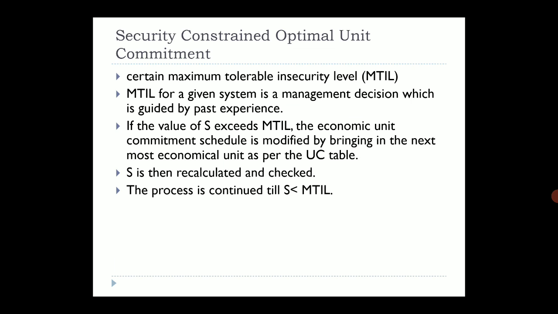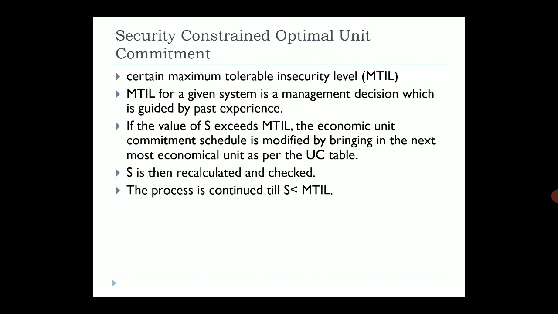So they say that if S is this amount of value, we can tolerate it, so we are not going to be concerned with that, and we'll go on with our power supply. Now if at a certain place the value of S exceeds that MTIL value, then we can say the system is insecure.